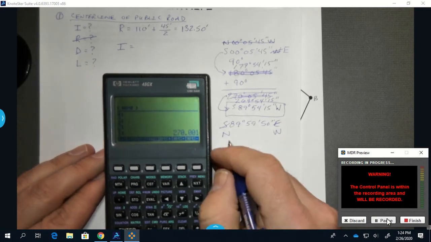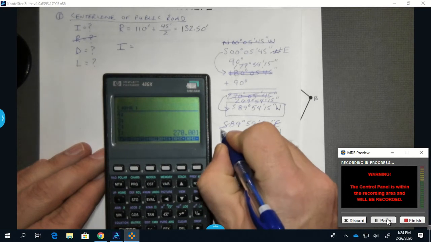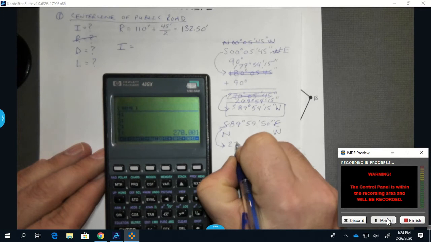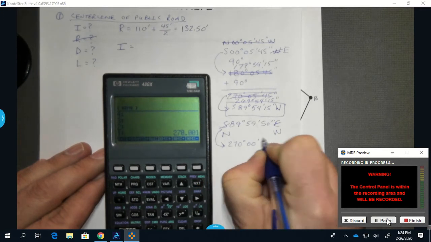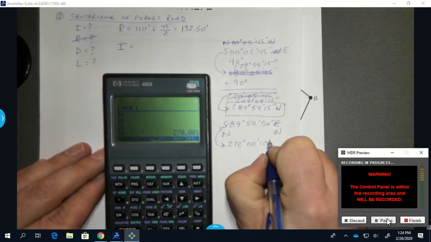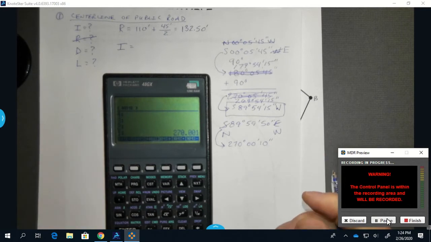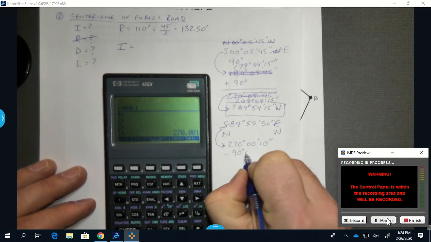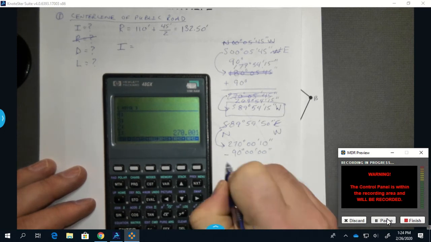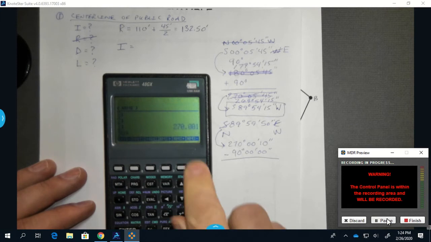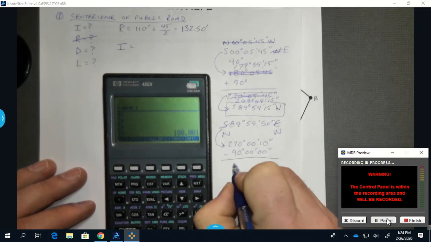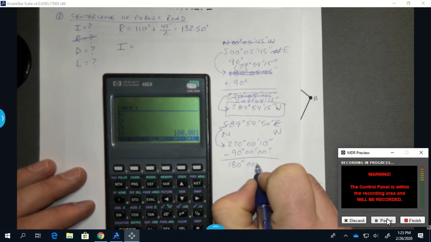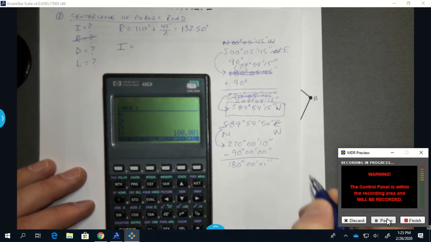That is the same as saying, for an azimuth, it is 270 degrees, 00 minutes, 10 seconds. Okay? So what I want to do with this now is subtract 90 degrees. So it gives me 180 degrees, 00 minutes, 01 seconds.